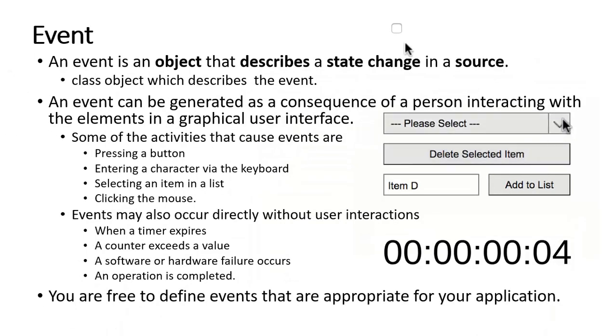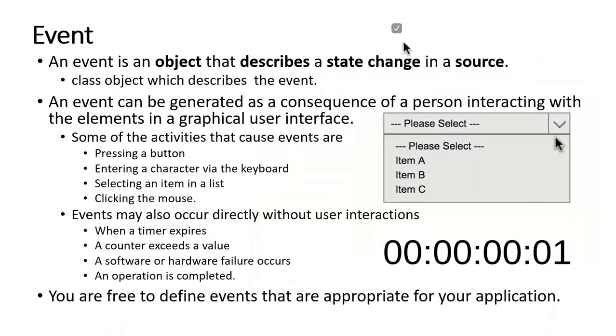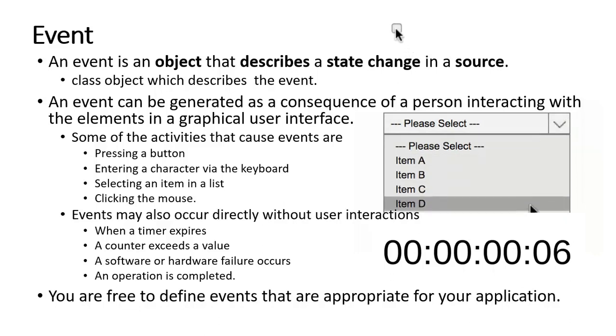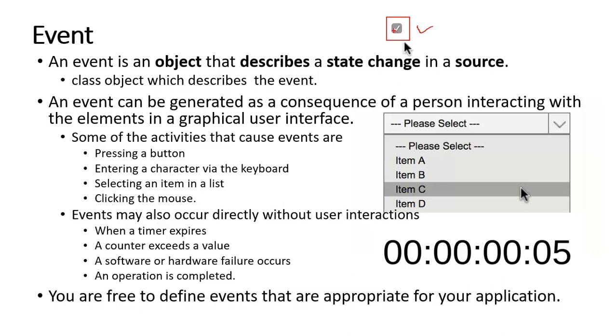All these things indicate that there is a change in the state. When you click on a checkbox, its state changes from checked to unchecked, or from unchecked to checked. Or when you make a selection of a particular item from the list, the selected item state changes.